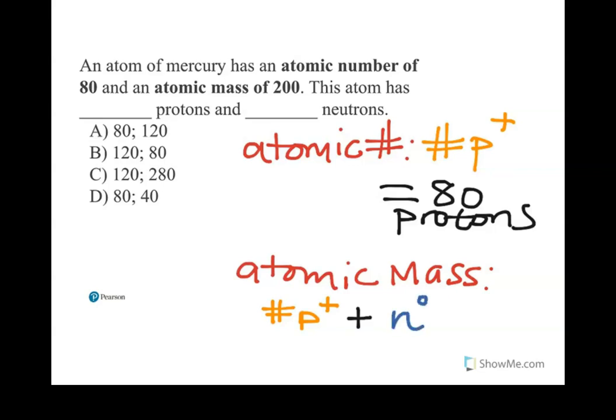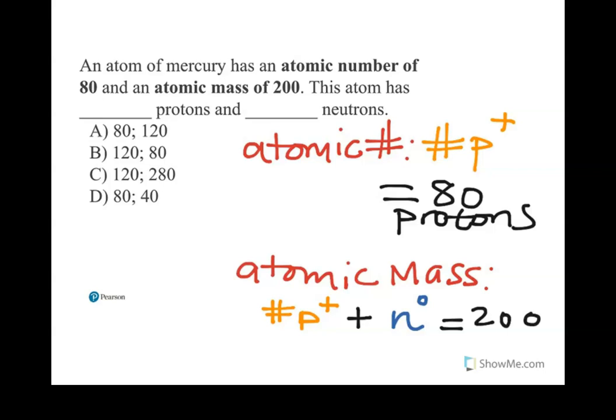I'm going to write a lowercase n and a little o at the top to tell me that neutral neutron is also being added. Both the proton and the neutron, those two subatomic particles that are located in the nucleus of the atom, have a mass. And the summation of both of them tell you the atomic mass. Well, in the question, you're telling me that that equals 200.